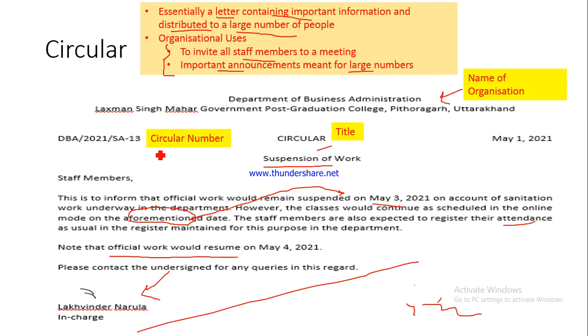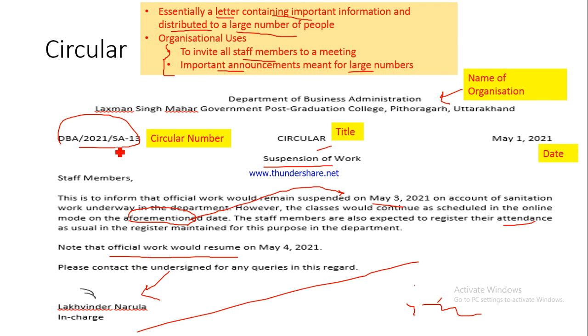If I want to have a look at a particular circular, I can find it out from this particular number. DBA 2021 SA 13. This is basically some kind of a code that we are using to denote this particular circular. So the next circular that we might come up with might be DBA 2021/SA 14. Fine. So this is just like a reference number which you have in letters.